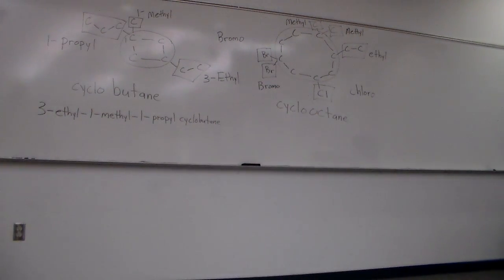Now the question comes to how do you number this molecule? Notice we said we're going to start off with the carbon atom with 2 groups and call that carbon number 1, right? But there's 2 carbon atoms with two groups attached to them. How do you know which one to start with? We're going to actually have to start with each one.